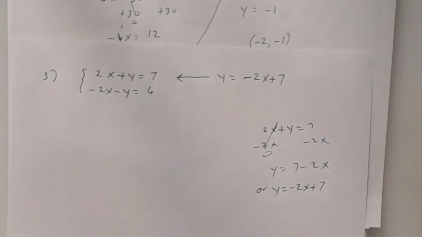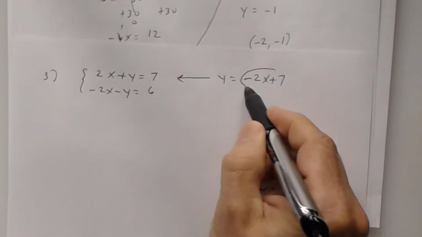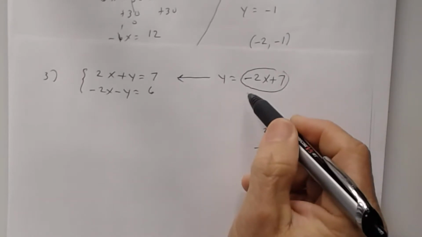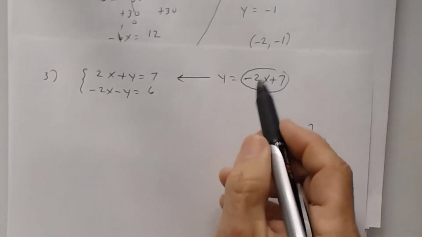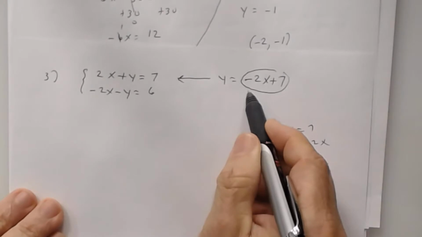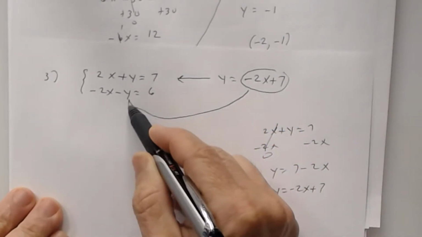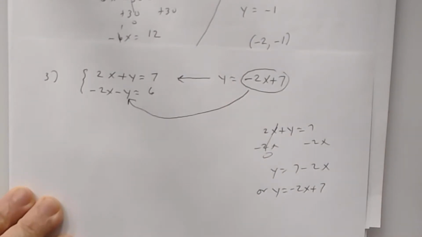Okay, so once you solve for a variable, you're going to circle this expression on the other side, and that's what you're going to be substituting. So you're going to go to the other equation, and in place of variable y, you're going to substitute negative 2x plus 7.